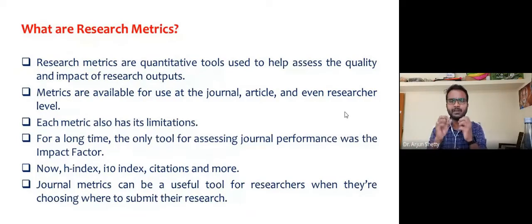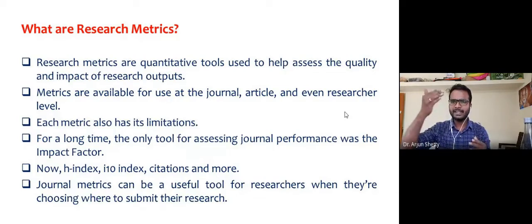For example, in my previous class I told you that Nature has the highest impact factor. Why? Because it is more reputed, it is multidisciplinary, and it has more readers. Let us take its impact factor as 42 or so.